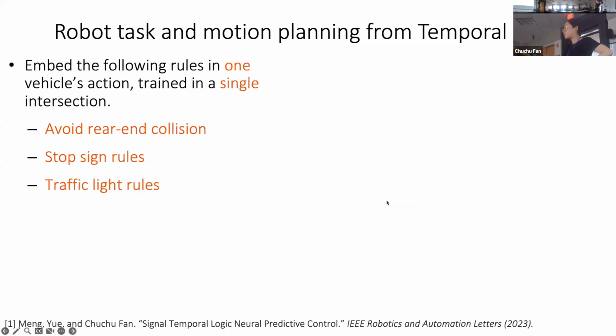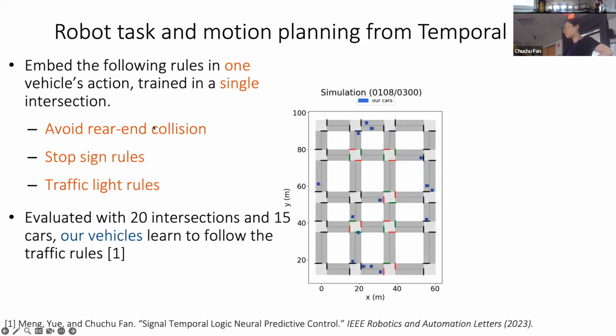It can also generalize, in the sense that we can embed traffic rules in each of the cars that we want to design. For example, we embed the collision avoidance rule and the stop sign rule. It's quite complicated. At a stop sign, you first have to pause, and then look at whether it's your turn. When it's your turn, you should pass that intersection very quickly. Or if it's a traffic light, you have to observe the traffic light.